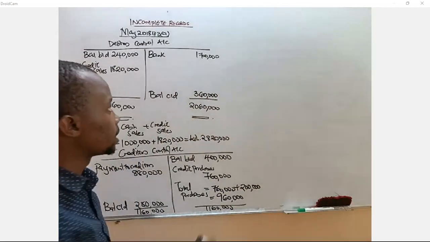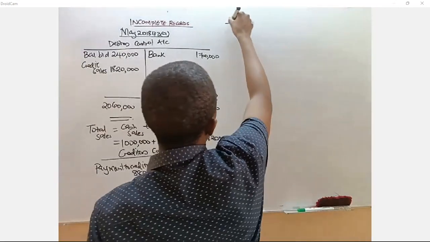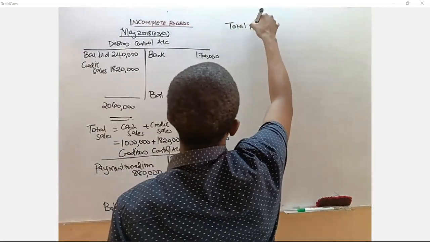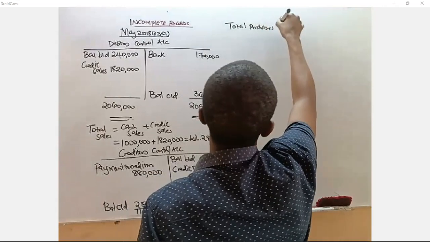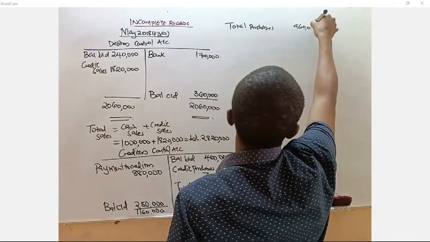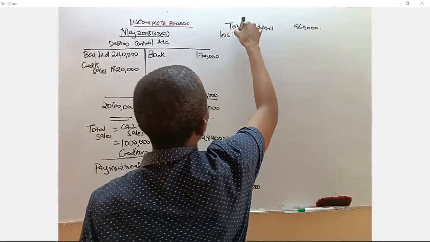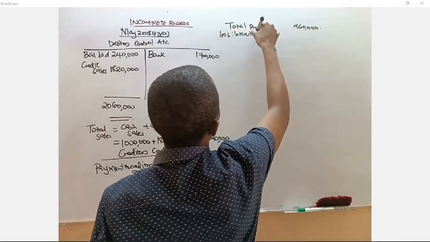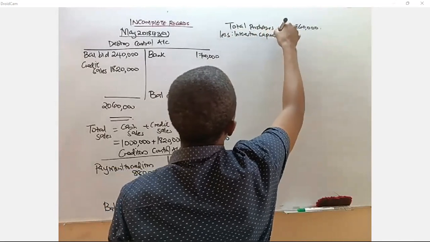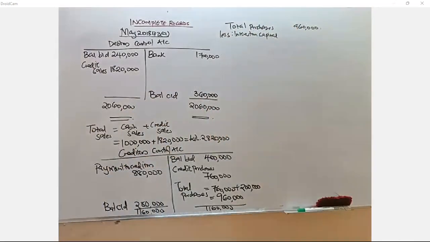Then out of the 960,000, those are the total purchases. There are some more adjustments which I'm supposed to be doing here. We are supposed to be lessing the interest on capital, which is being included on those figures. So the interest on capital, we are being told, was how much? That information lies in the last note. We have been told the partners are entitled to interest on capital 10% per annum on their capital contribution.